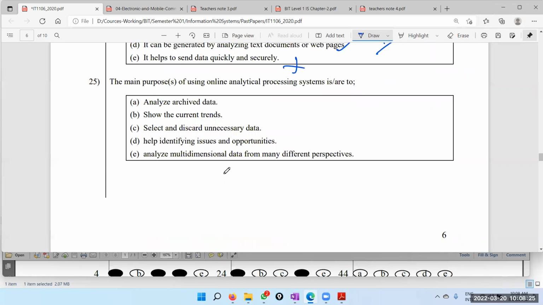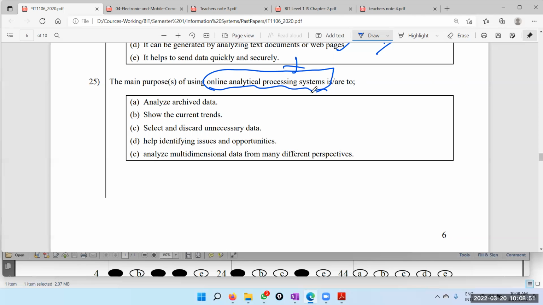25. The main purpose of using online analytical processing systems. Online analytical systems means we are analyzing the online data, not the historical data. Data mining is analyzing the historical data to see long-term patterns for the last 10 years, 20 years of data.